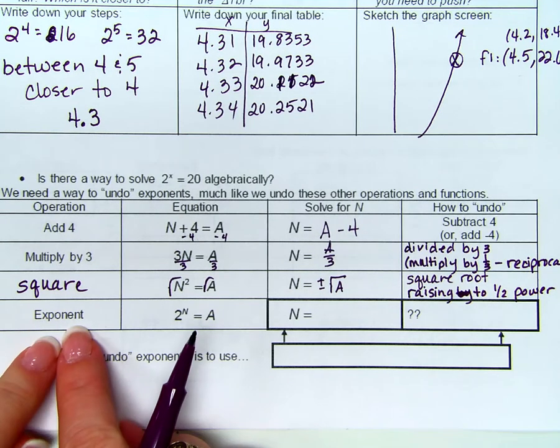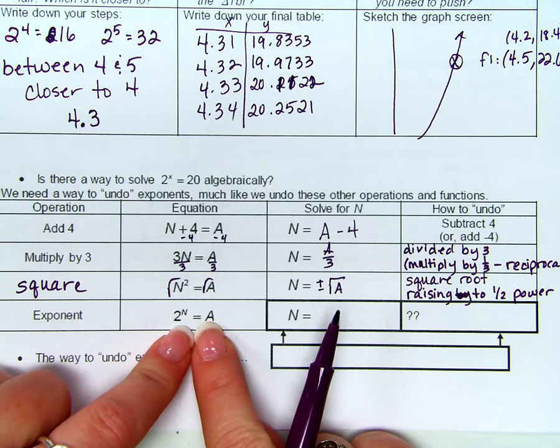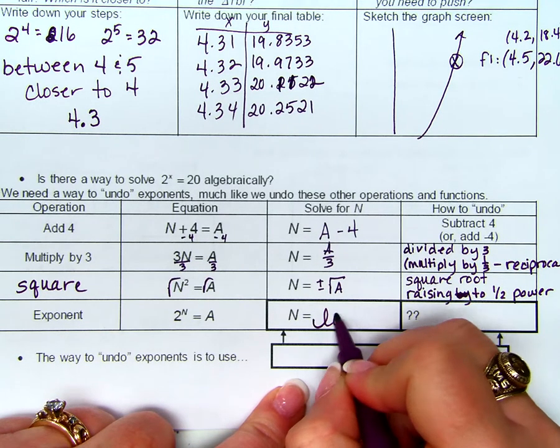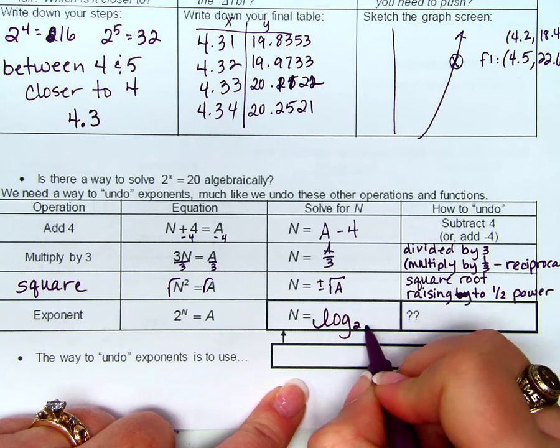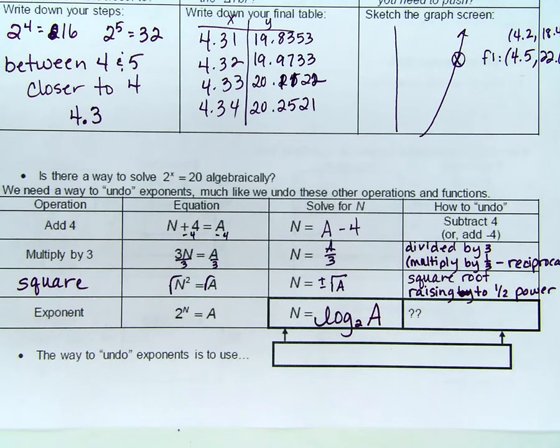So now we come to this one. What if the variable is in the exponent? All of our work has come down to this. If this is what it looks like, here's how we solve for n. What do you think that's called?